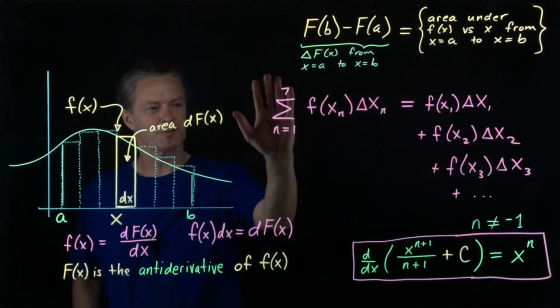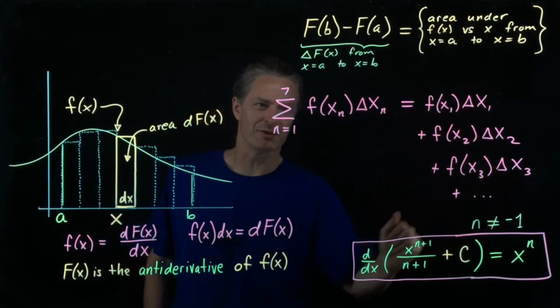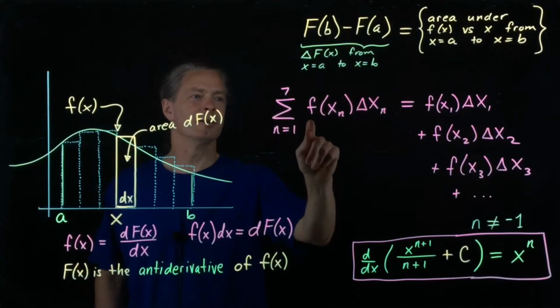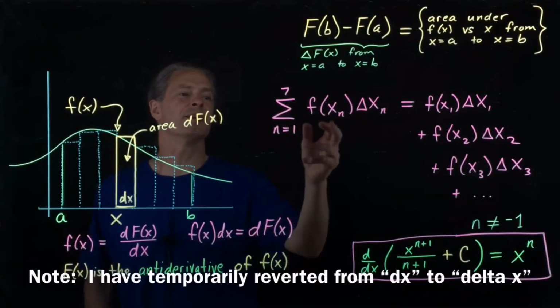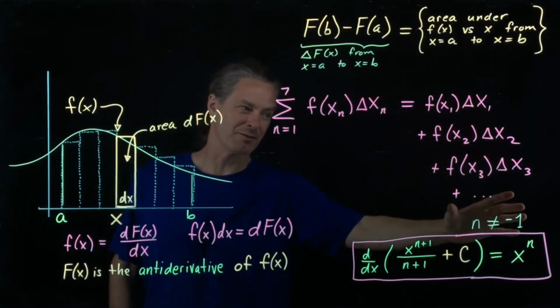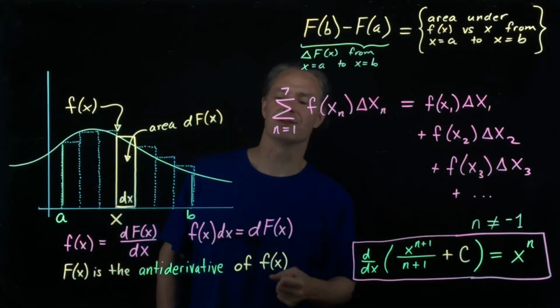To understand this expression, this is a shorthand for writing out a sum of 7 terms. So instead of writing out all 7 terms, I can write them here. f of x sub n, delta x sub n, and I can let n go from 1 all the way up to 7. So if I were to write them all out, I'd have 7 terms ending with f of x sub 7 times delta x sub 7.